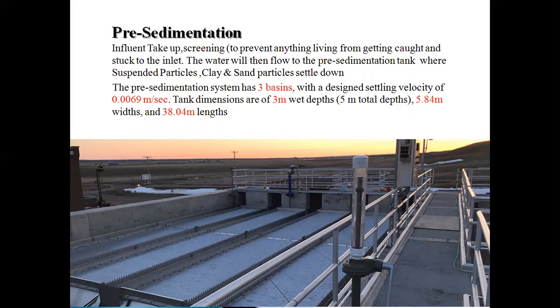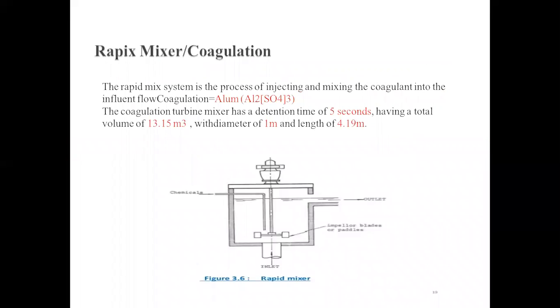These are the dimensions which I propose: the wet depth, meaning the depth up to which the water will come, is 3 meters, and the total depth is 5.85 meters.